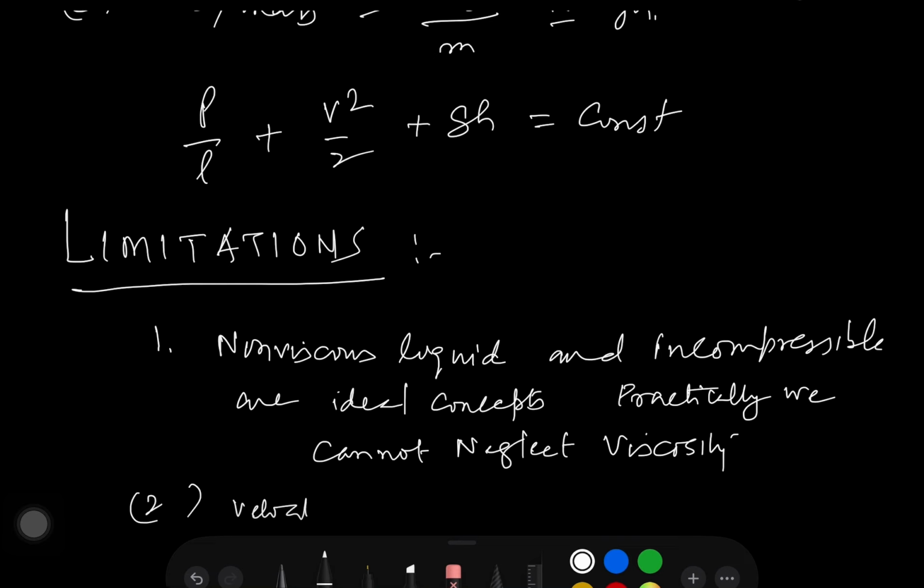Second point is the velocity of each and every particle of the liquid is not the same at each and every point.